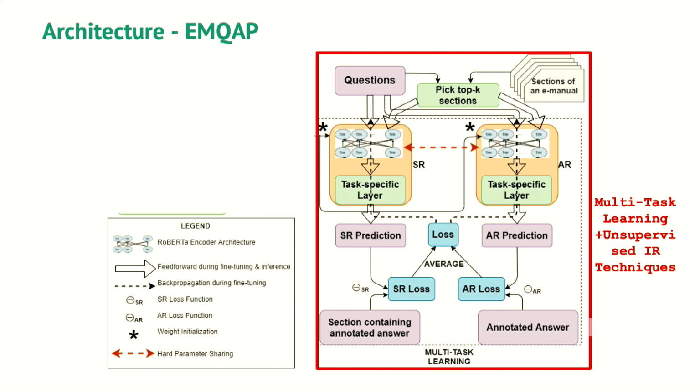Although these tasks are like a pipeline, one task after another, we design it in a multitask framework. So somehow the machine tries to help learning the answers from the sentence, and the sentence from the section, and the sections from the answers. This way you build up a multitask framework.